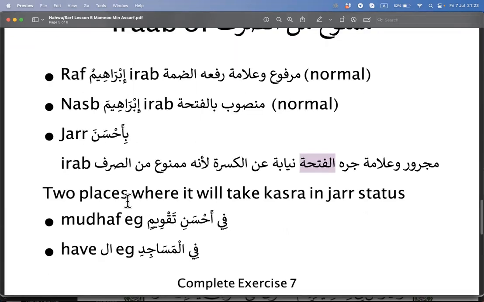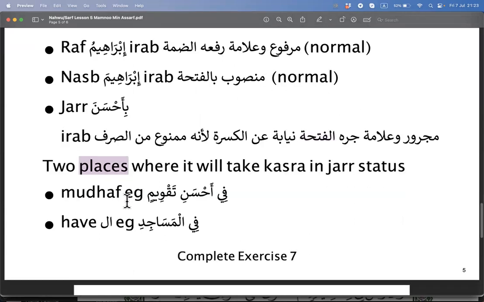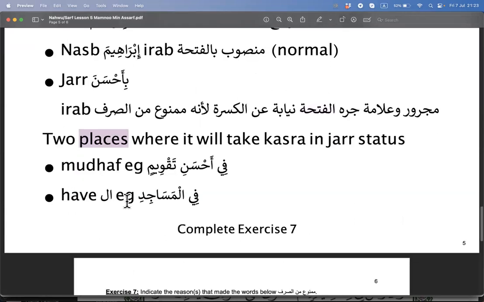And the last thing is there are only two places where it can take kasrah. When it is a mudaf, which we will learn later. What is mudaf? Although I know you know. When it is mudaf, it can be kasrah. So here we have bi ahsana, but here we have fi ahsani, because here is a mudaf. Here it's not.